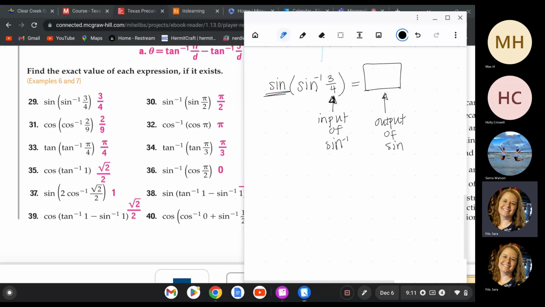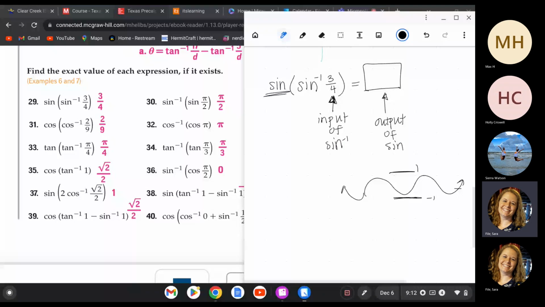So the output of sine, if you think about your sine wave, that's this one, goes on forever, right? The input for sine could be anything, but the output has to be between -1 and 1. That's how low and high that graph goes. So this answer here has to be between -1 and 1. You can think about that as the input for inverse sine.